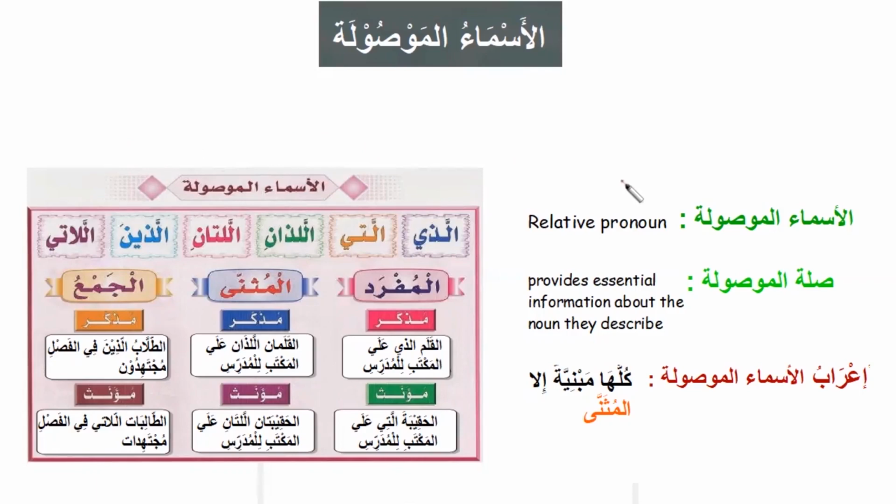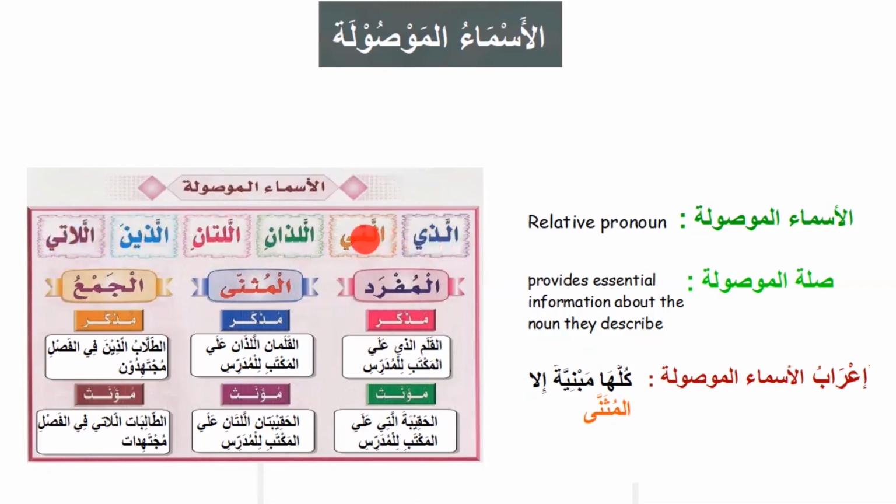As you can see here, this is a small table that contains the Asma'ul Mawsula. We have 6 of them in the Arabic language: Allazi, Allati, Allazani, Allatani, Allazina, and Allati.